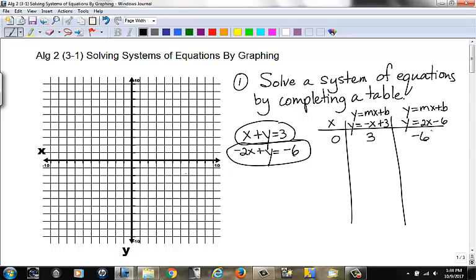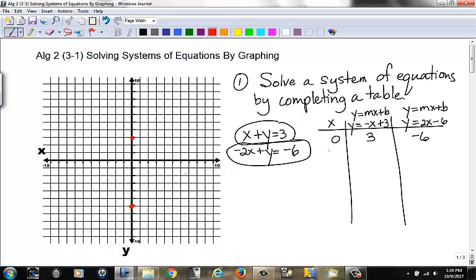Okay, and you can start graphing. One of the lines would be 0, 3: 0 to the right, and up 3. The other one, 0, negative 6. You do have to keep your lines separate.